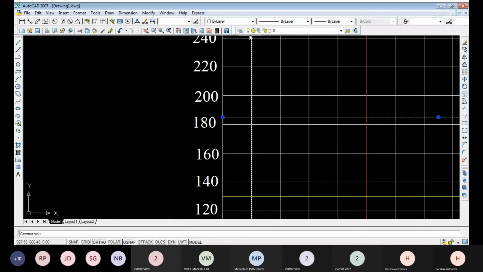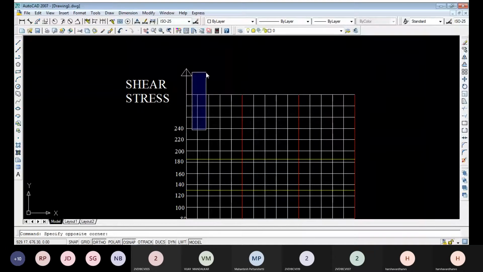So this is 185, I'll mark it yellow. And finally, 240, I'll mark that yellow too.